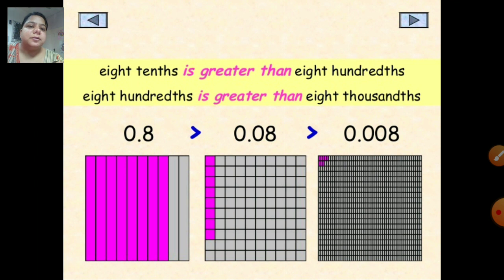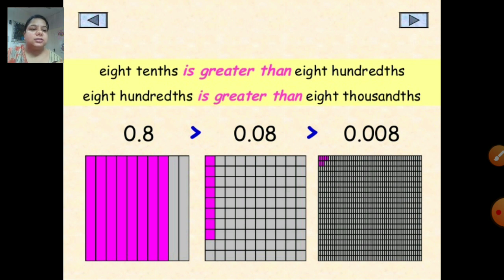Now just compare. Here 8 tenths are shown, then 8 hundredths, and then 8 thousandths are shown in the picture with pink color. You can compare from the picture as well. 0.8 is greater than 0.08 and then 0.008.